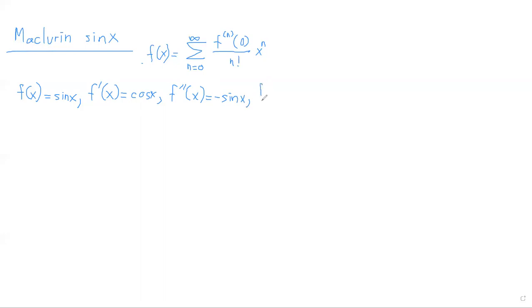F triple prime is equal to negative cos x. And the fourth derivative is just back to sine x.